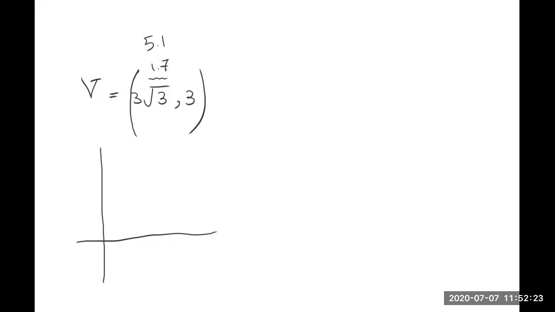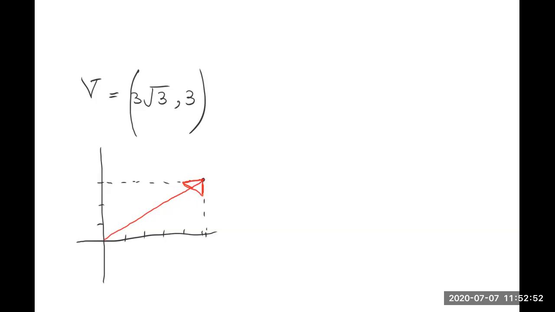It's a little above 5. So v is something like this: 1, 2, 3, 4, 5, a little after 5. Then the other component is 3, so this is v.